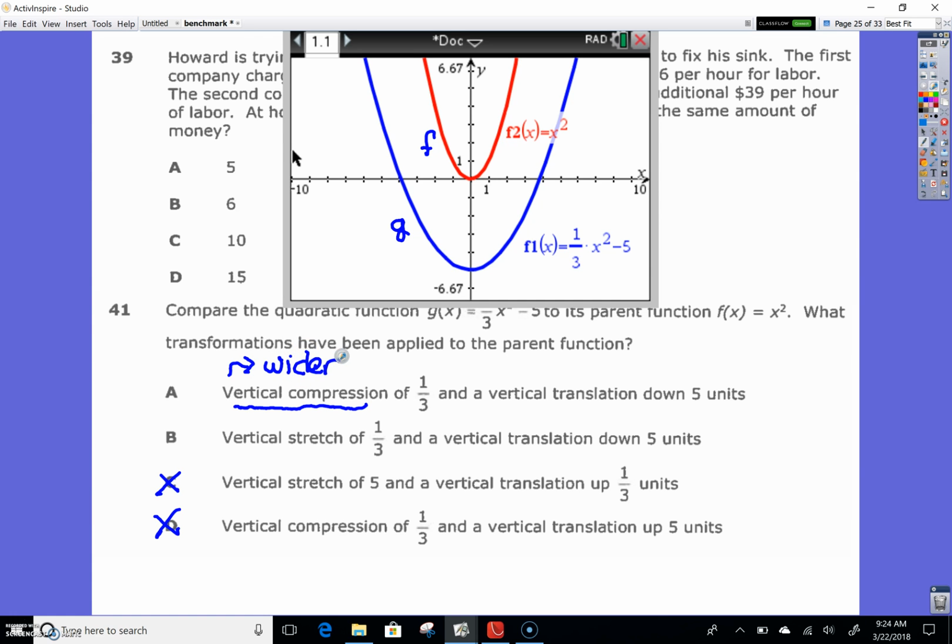If you press a balloon down, the balloon will get wider. And if you stretch a balloon open, it gets narrower. So a vertical compression is wider, a vertical stretch is more narrow. So this is actually a vertical compression, because g got wider.